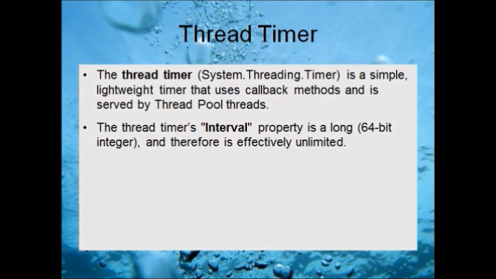Thread timer: System.Threading.Timer is a simple, lightweight timer that uses callback methods and is served by thread pool threads. The thread timer's interval property is a long 64-bit integer and is therefore effectively unlimited.